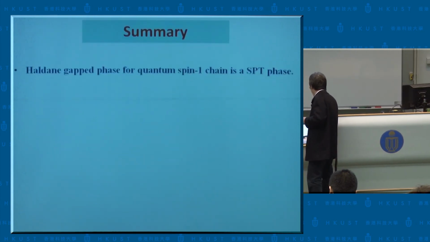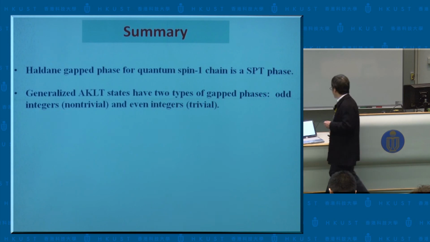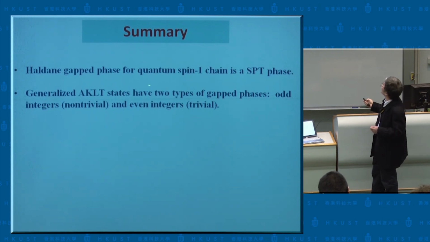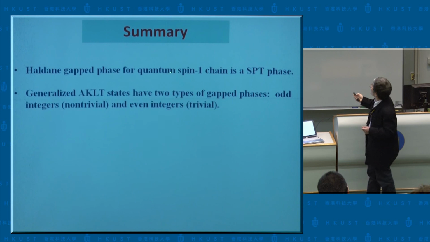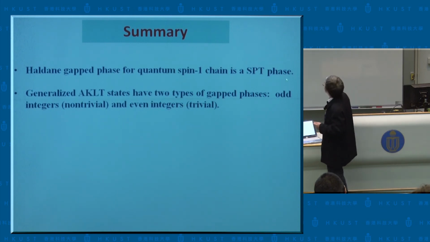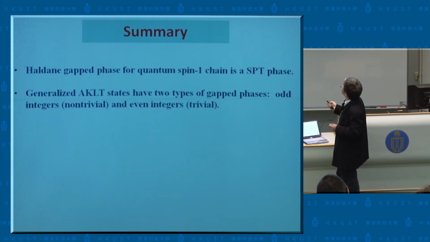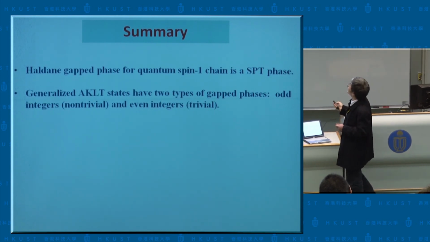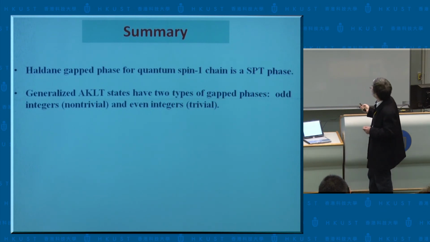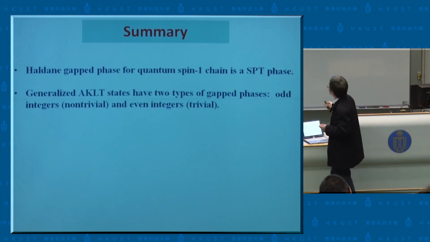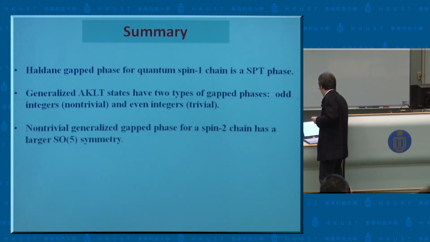Finally, let me make a conclusion. First, I briefly reviewed the Haldane gap phase for the spin 1 chain, which is a symmetry protected topological phase. Second, I talked about the generalized AKLT states, which can be divided into two different gap phases: the odd integer case, which is non-trivial, and the even integer case, which is a trivial state.